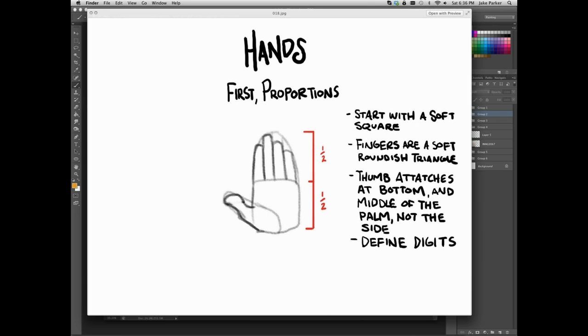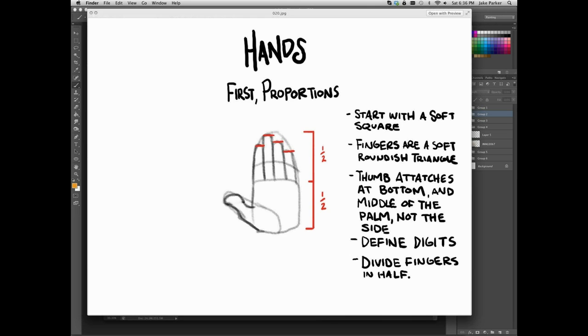Okay, now once that's in place, you go in and you define the digits. If it's more of a cute character, they're going to have 3 fingers and a thumb. If it's a more realistic character, they're going to have all 5 fingers. The fingers' heights: the middle finger's longest. The index and the ring finger are pretty much the same length, and then the pinky's shorter, and they're all about equidistant from each other.